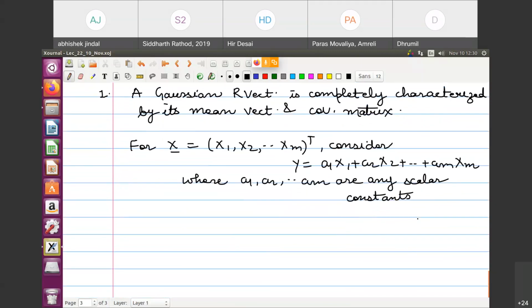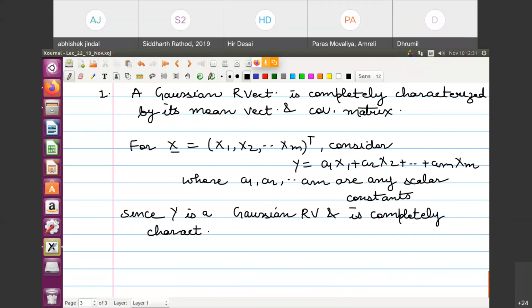Now, since x is a Gaussian random vector, y is a Gaussian random variable, and you know that if this is a Gaussian random variable, it is completely characterized by its mean and variance. So you just need two things of this random variable.